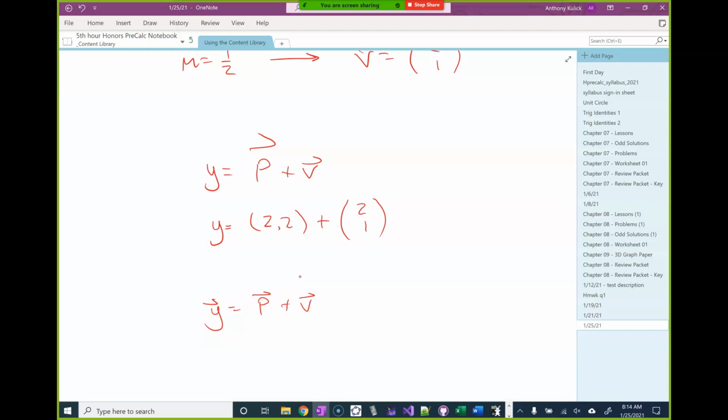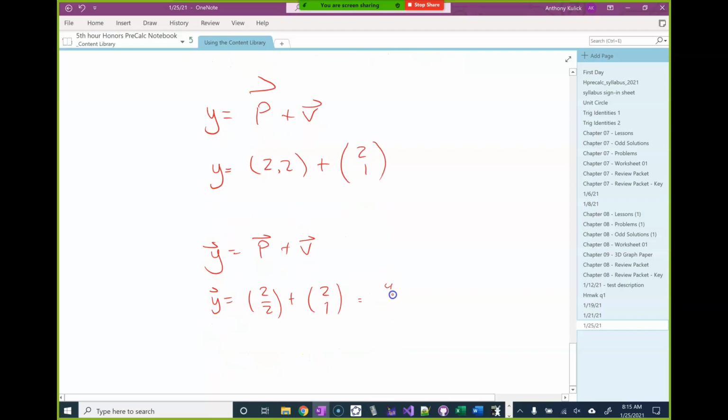Everybody's okay with that? Now, if we do that, though, in our case, that's just going to give us ⟨4, 3⟩, right? Well, that's a point on the line, but I should be able to generate any point on the line with my equation.